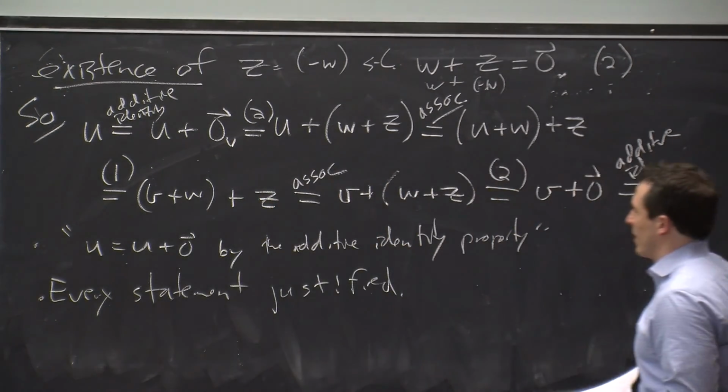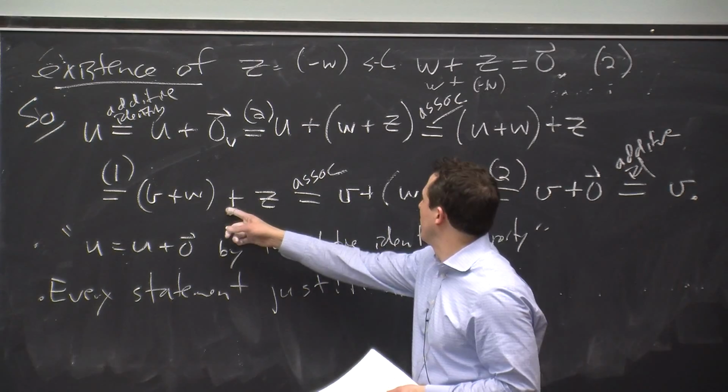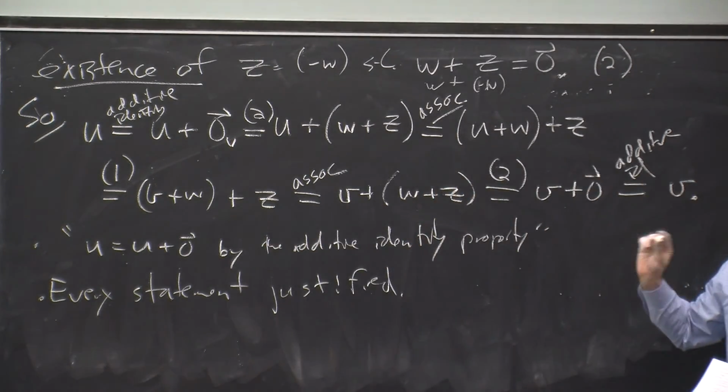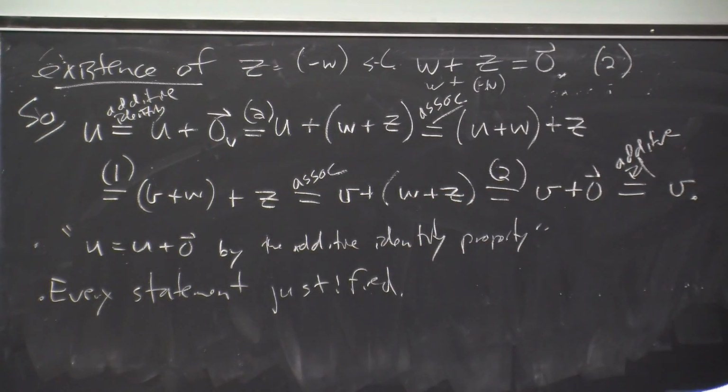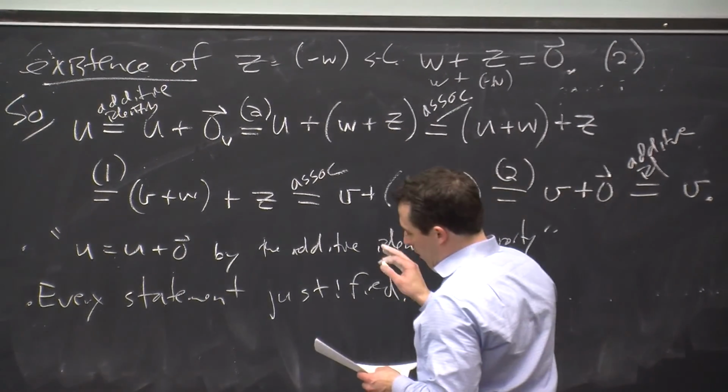Even seemingly obvious things are justified, right? Like this associativity, wow, that seems obvious, right? But OK, it's a property of this object. We can't assume it. And we have to even justify the most obvious things.